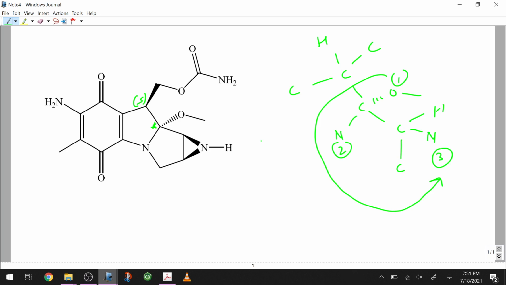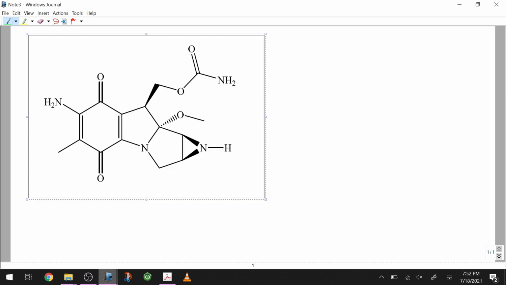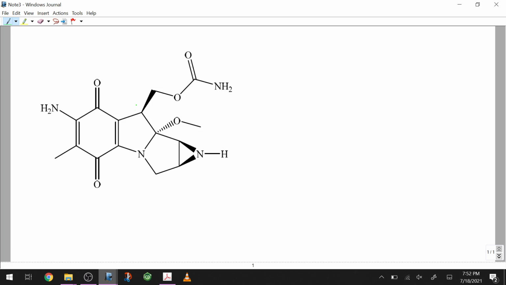So this is not S, it's R. Because I have to look at it from the other side of the way I have it actually drawn. I have to put my head inside the screen again, or I have to rotate the whole structure 180 degrees to look at it. Either way, I'm going to end up with the opposite of what I have assigned here. So this one is actually R in the structure. So we've got S here, we have an R here.